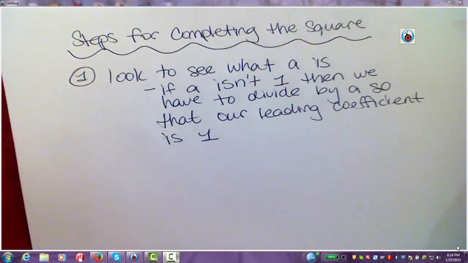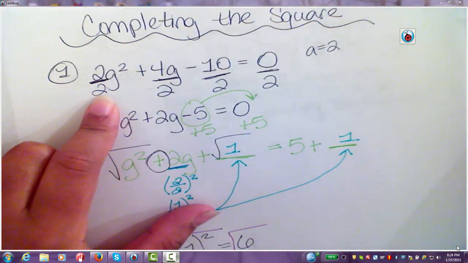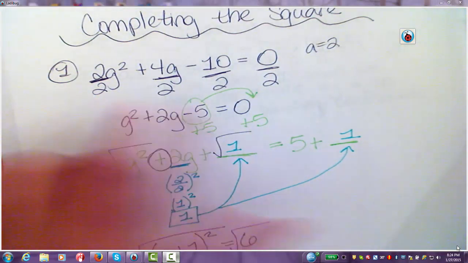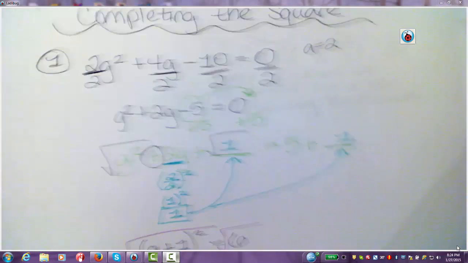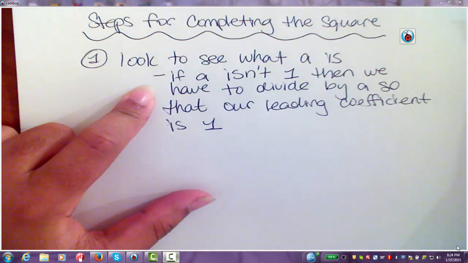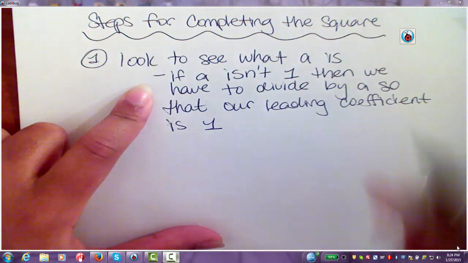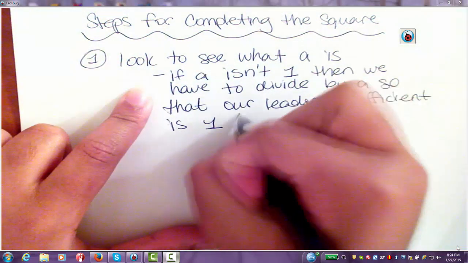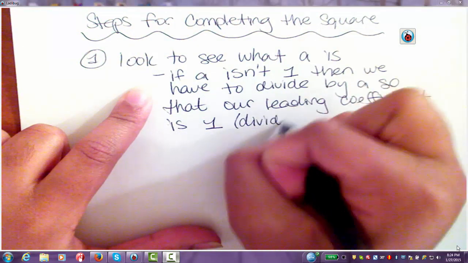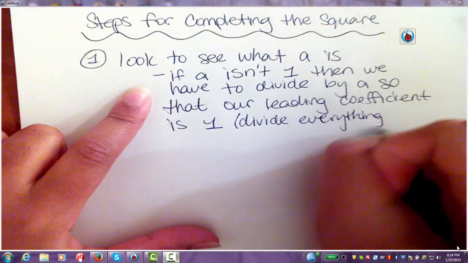So in our first example, remember our a value was 2, so we had to divide everything by 2. So look to see what a is. If a isn't 1, then we have to divide by a so that our leading coefficient is 1. And we divide everything by a.